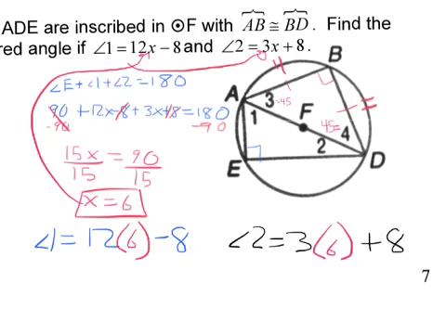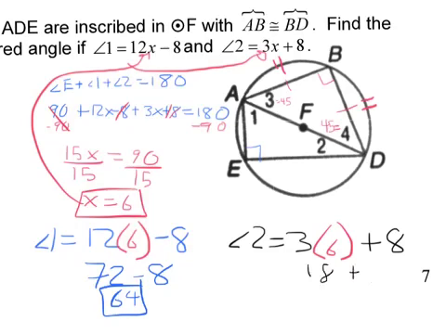So 12 times 6 is 72 minus 8. 72 minus 8 is 64. And then 3 times 6 is 18, plus 8 is 26. And there we go. We have found all the angles. Angle 1 was 64, angle 2 was 26, angles 3 and 4 were both 45.